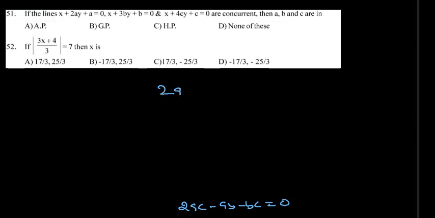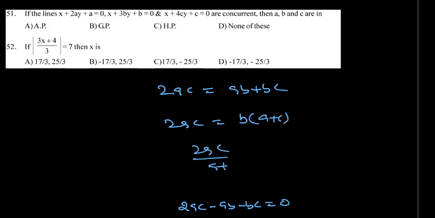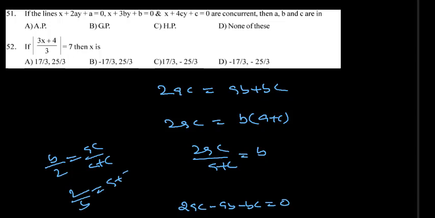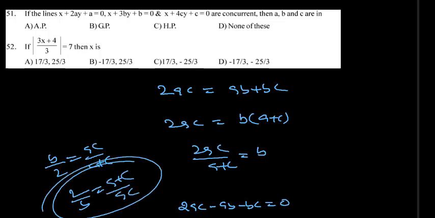What I can say, 2ac equal to ab plus bc, or 2ac equal to b times of a plus c, or 2ac by a plus c equal to b. Obviously, b by 2 equal to ac by a plus c, or 2 by b equal to a plus c by ac. That means they are in harmonic progression. I can say C is the correct answer.